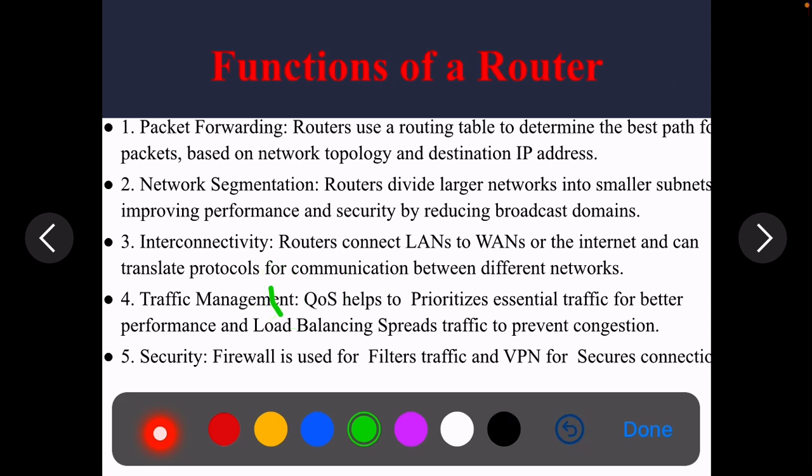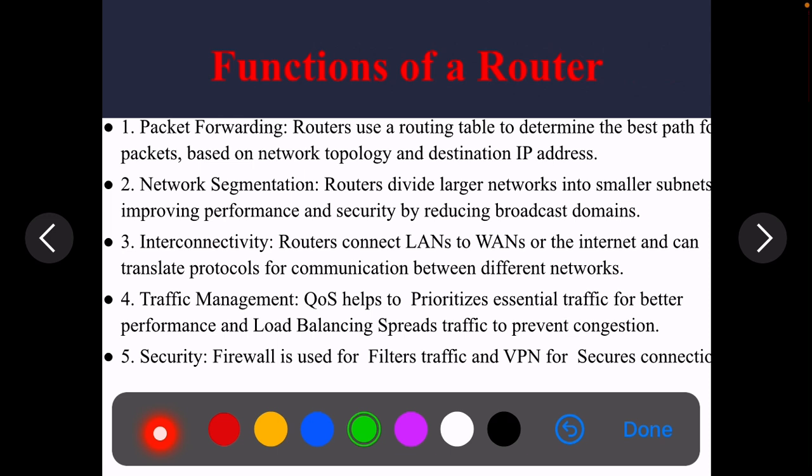In the routing table, routers use a routing table to determine the best path for forwarding packets to their destination. The table contains information about network topology and potential routes. This is the main use of the routing table. Then the second one is decision making.